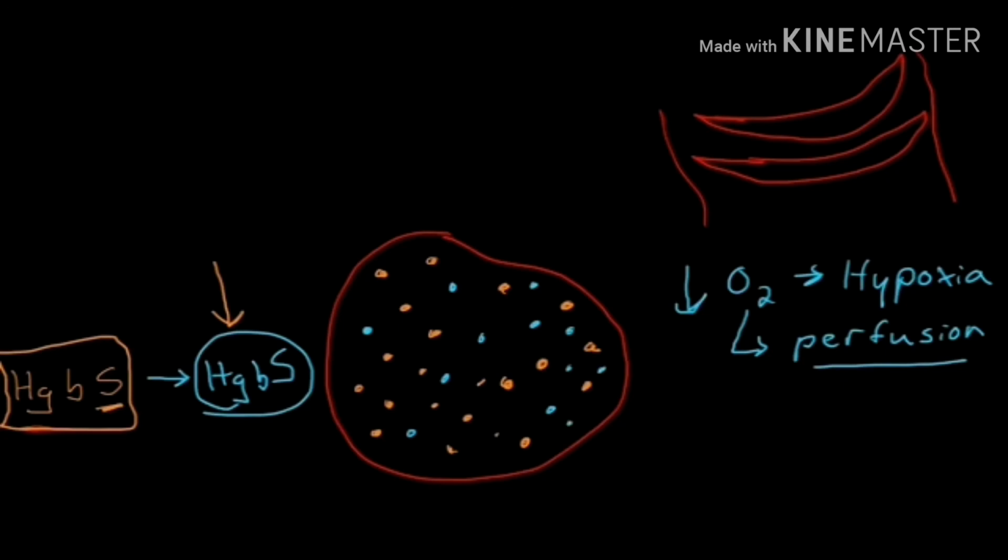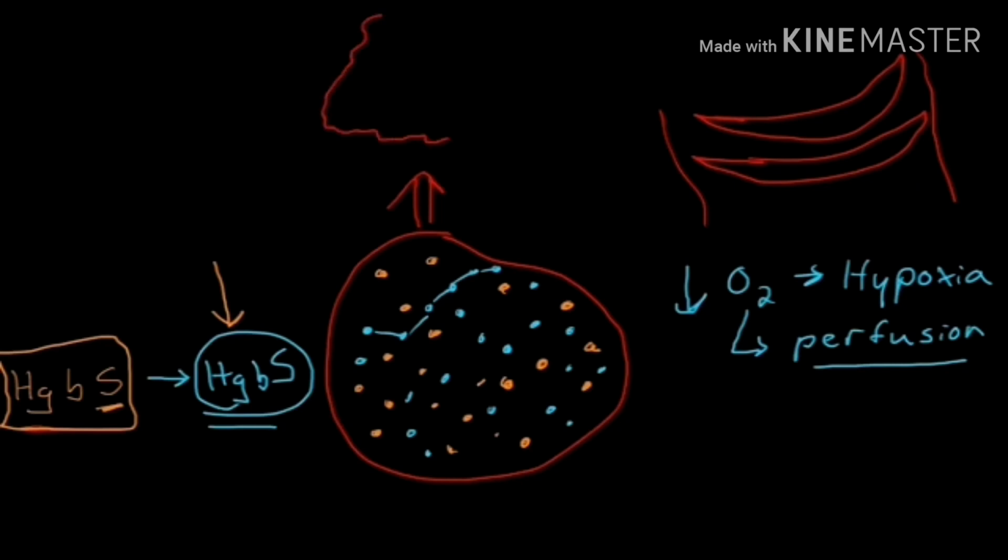And that's going to increase the concentration of deoxygenated hemoglobin S, and increase the chance that it may start to precipitate together and form polymers, right?